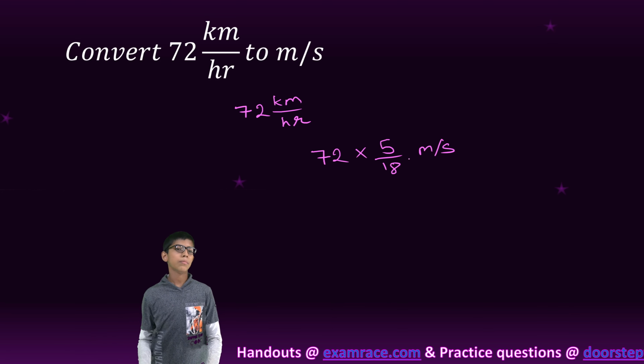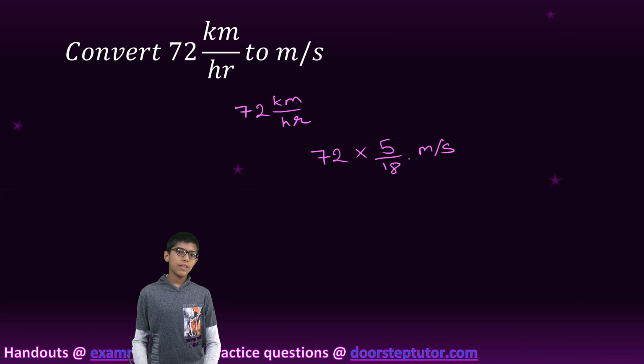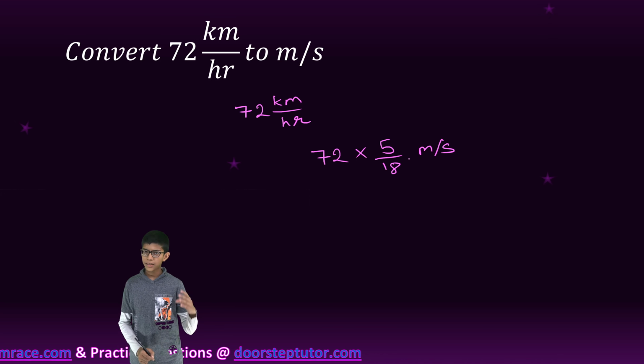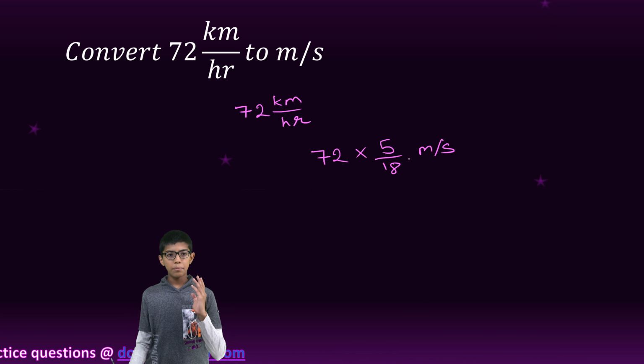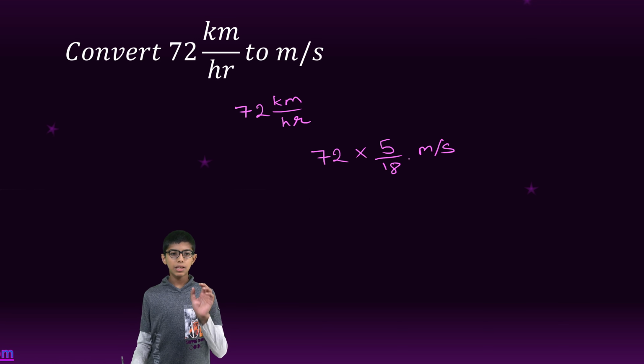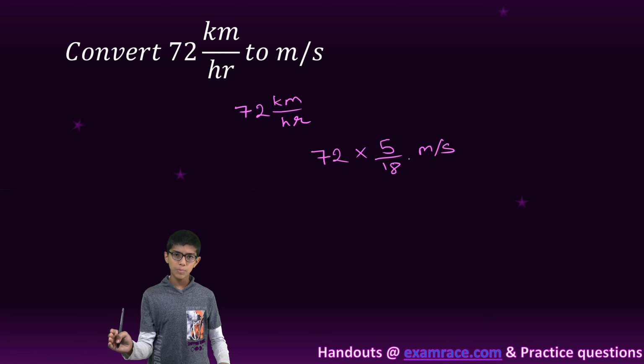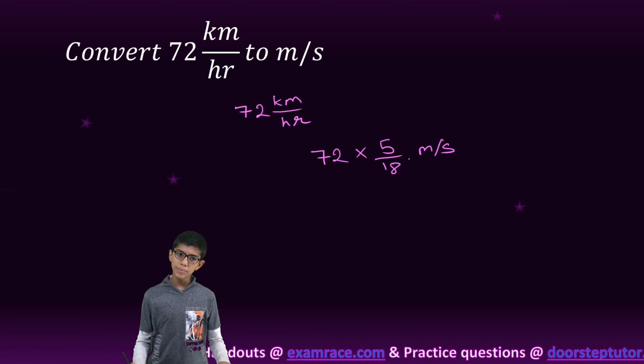So how can you remember that? Yes, is 5 by 18 smaller or 18 upon 5? You are correct. 5 by 18 is smaller than 18 upon 5. And meter per second is also smaller than kilometer per hour. Meters is a smaller unit and second is the smaller unit of kilometer and hour respectively.